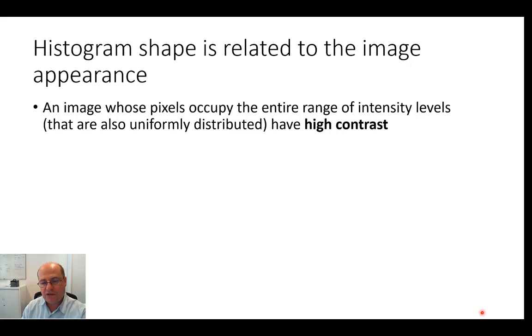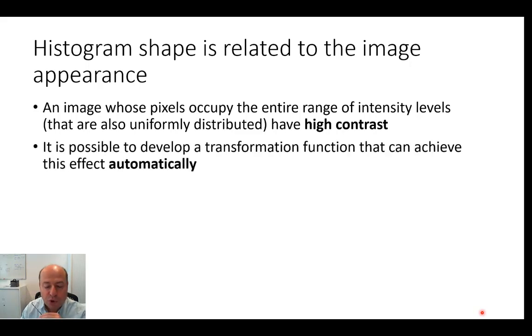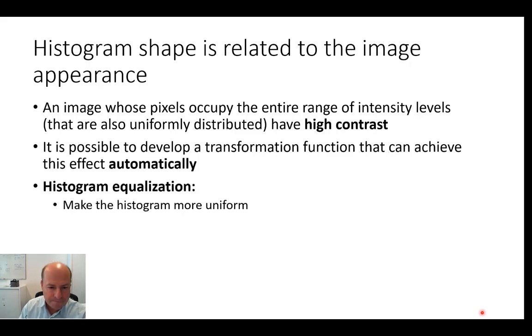Now, an image whose pixels occupy the entire range of intensity levels and are also uniformly distributed has high contrast. It's possible to develop a transformation function that can achieve this effect automatically. This is called histogram equalization.